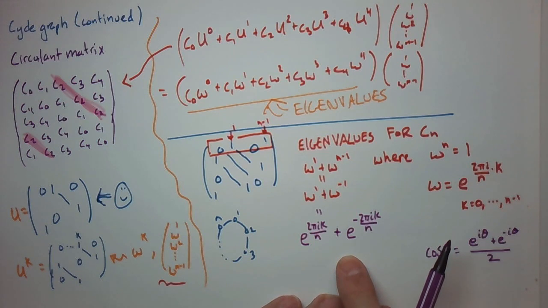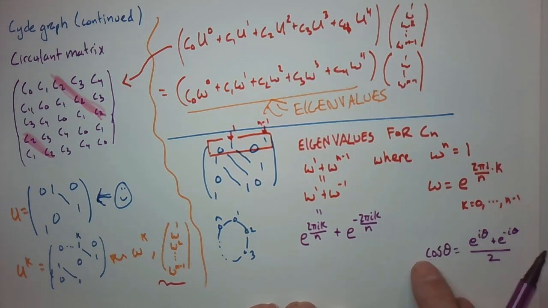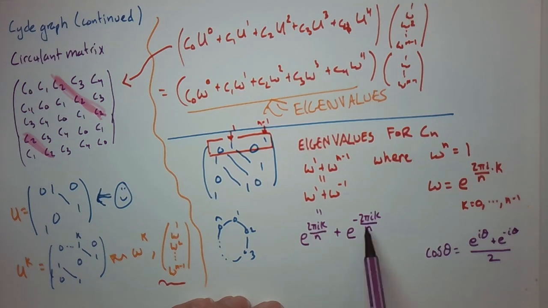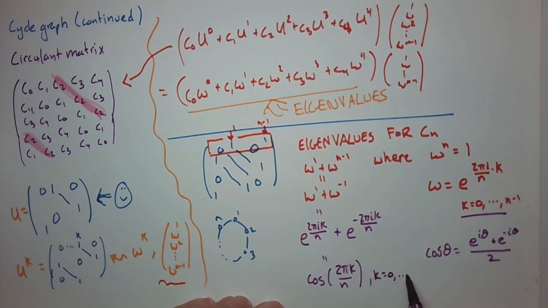Now we don't have an over 2, which is why we need a 2 cosine. In our case, theta is 2 pi k over n, so we get cosine of 2 pi k over n, for k equals 0 up to n minus 1.